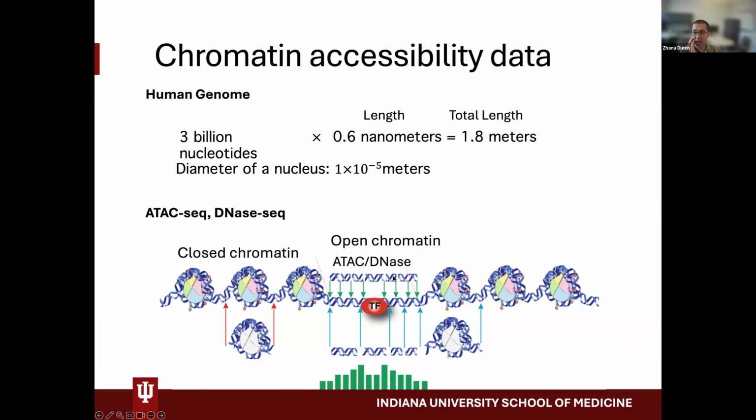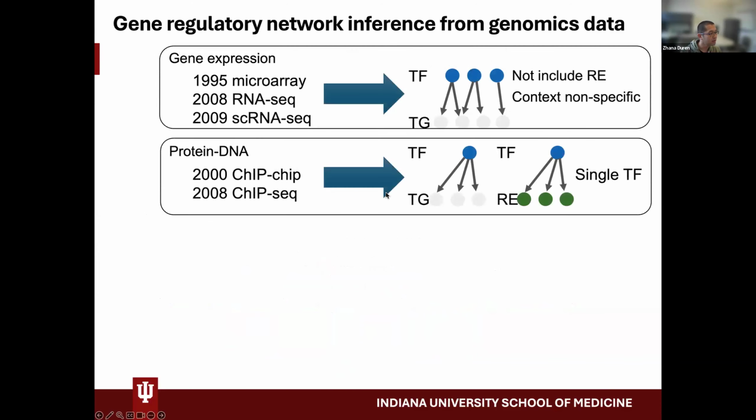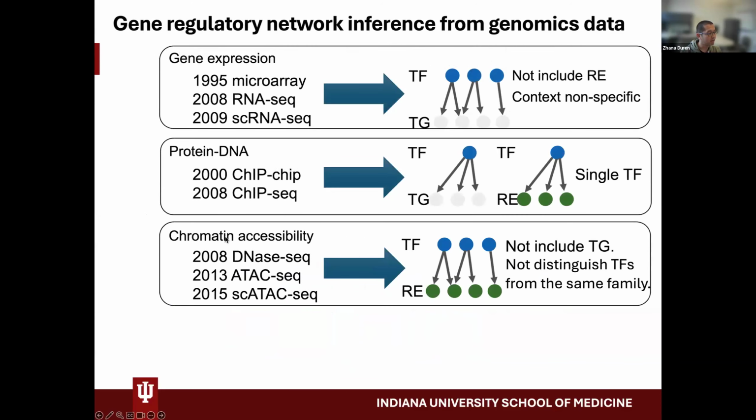So ATAC and DNase-seq data can give us this information. Then, paired from the ATAC or DNase or single-cell ATAC, people can know which elements are open in the non-coding region, and which transcription factors bind them. Because we know the transcription factors' sequence preference, we know which factor will match this DNA sequence. We can identify those types of networks, but with no genes, and also cannot distinguish TFs from the same family because they share the same motif.